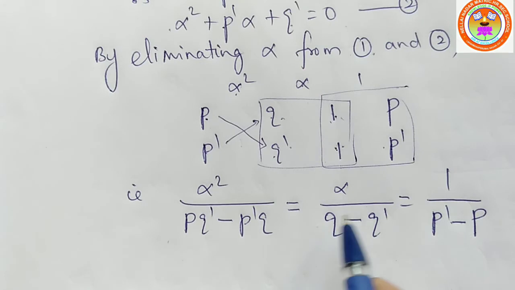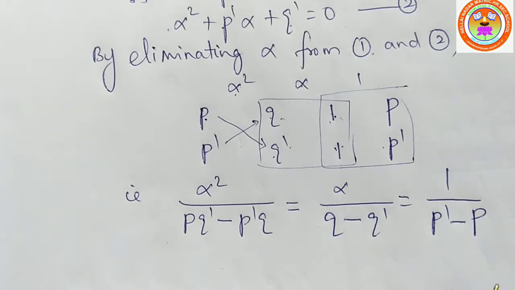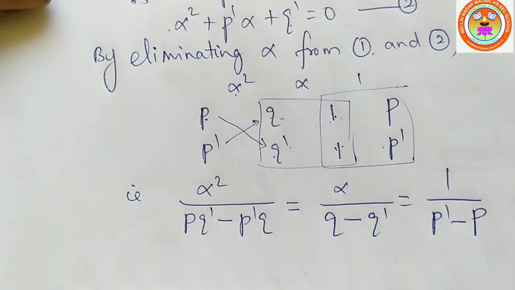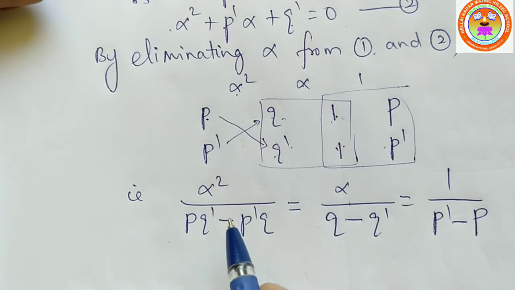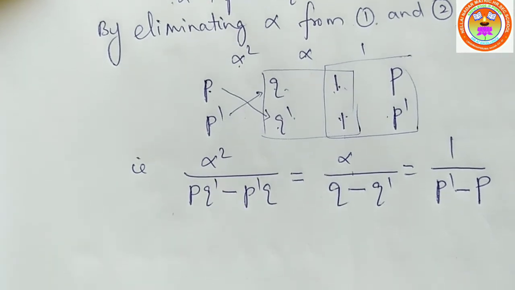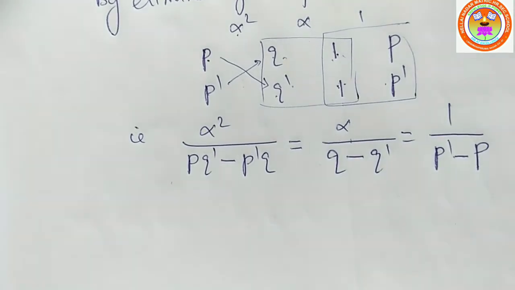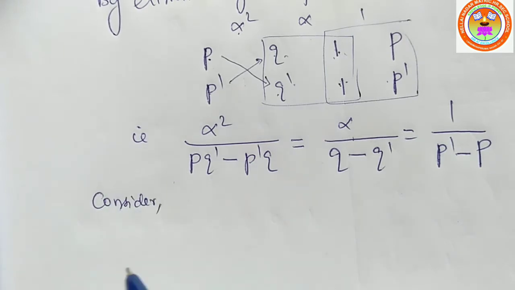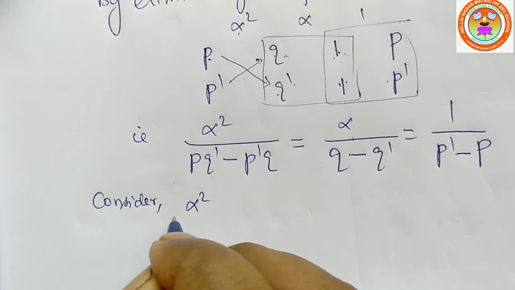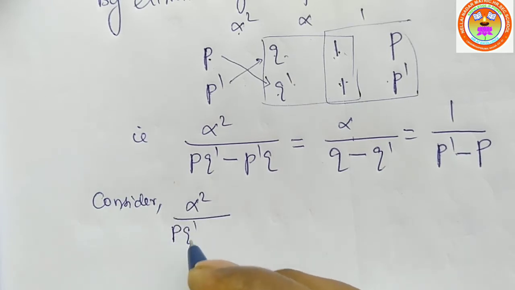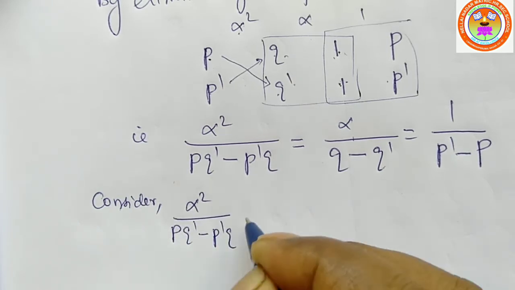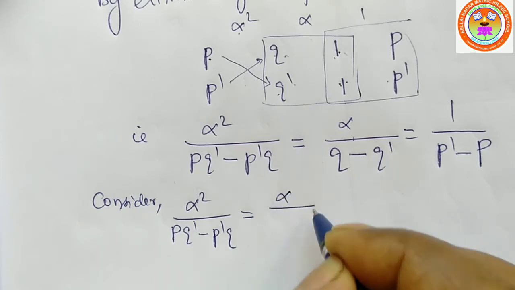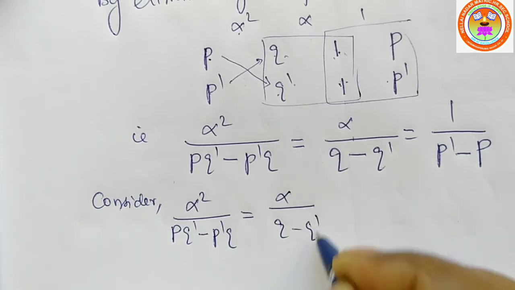So these 3 entries are equal, right? We can consider the first 2 terms first, then second and third. If you consider first and second, what will we get? Consider alpha square by pq dash minus p dash q, which is equal to alpha by q minus q dash.